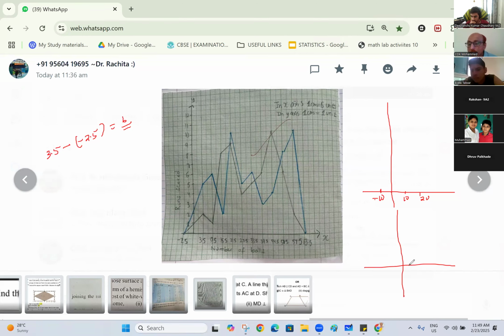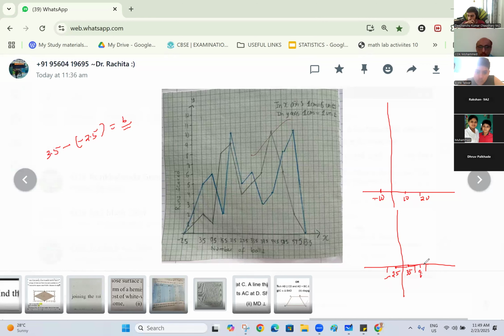This is half, this is 1, 1.5, 2. Here you are taking negative 2.5, here 3.5, here 9.5. So this is 1 centimeter, 6. Everywhere it is 6 only.